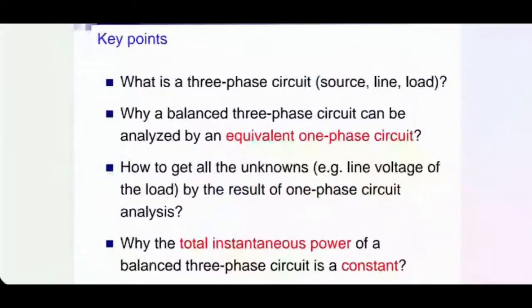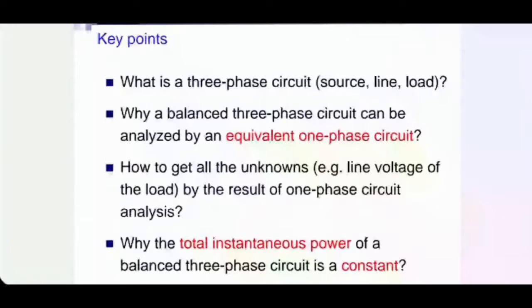I was telling you last time that for balanced systems, it is possible to do the analysis based on a one-phase equivalent circuit and then generalize the results for the other two phases, because you know that it's only a 120-degree phase shift progressively in the other two phases.